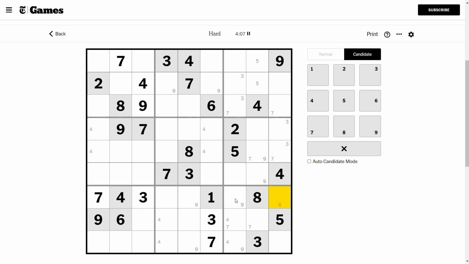I also see that in row 7, these two cells see 5, so it is forced into one of the two open cells that are both in block 8. So it eliminates the 5 from other open cells in block 8, because 5 is forced into one of these two cells for this row.